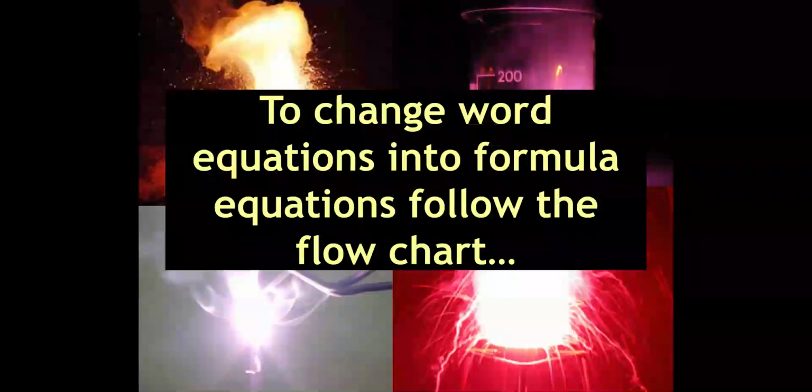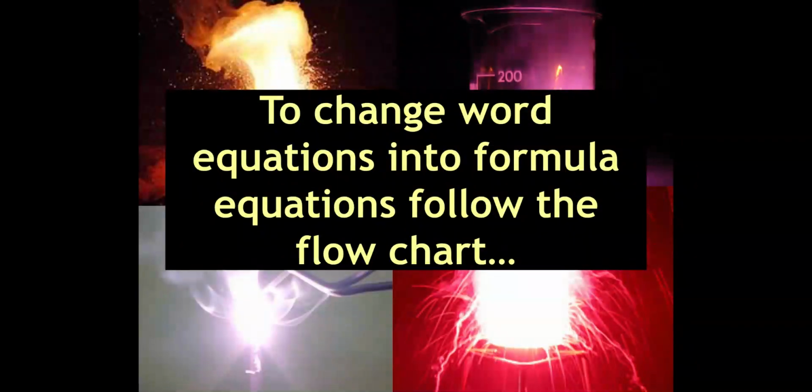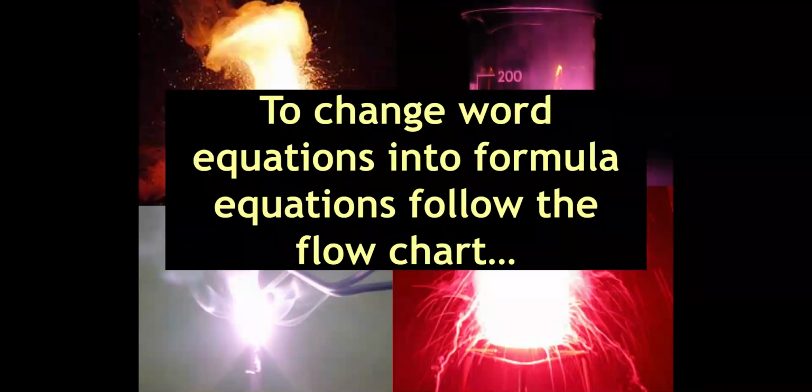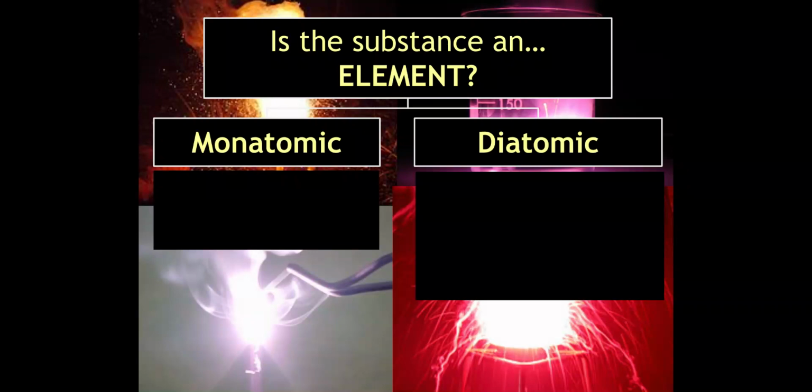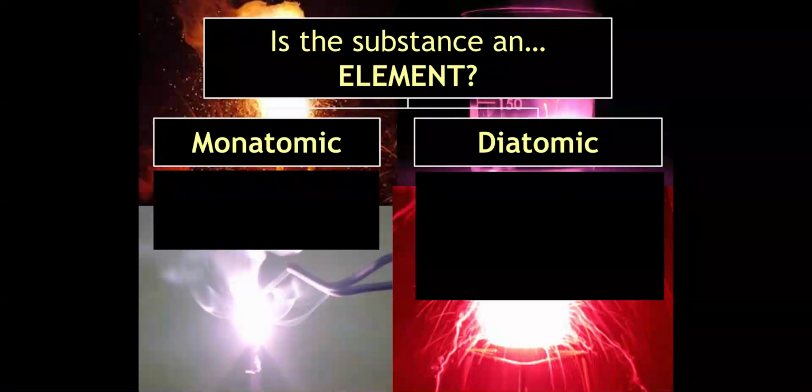Okay, now all that was just kind of an introduction to word equations and formula equations. Now I actually want to show you step by step how to go from word equation into formula equation. The very first thing you need to figure out when you're looking at a word equation, ask yourself this question: is the substance that you're looking at in that equation an element that you can look up on the periodic table?